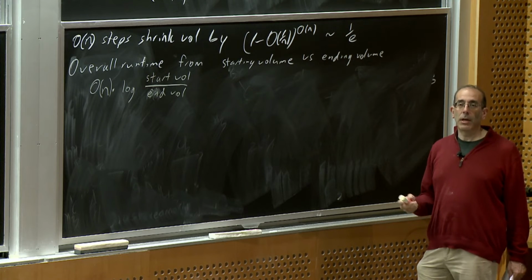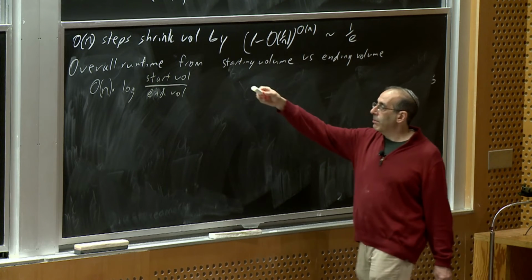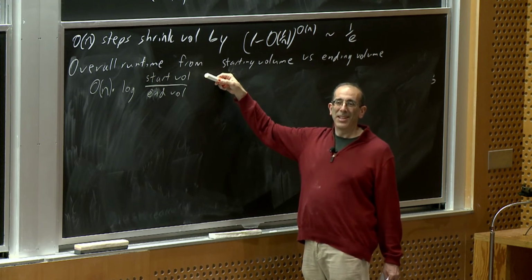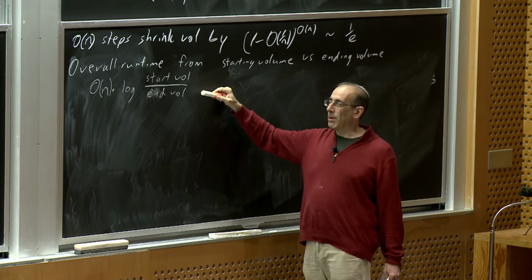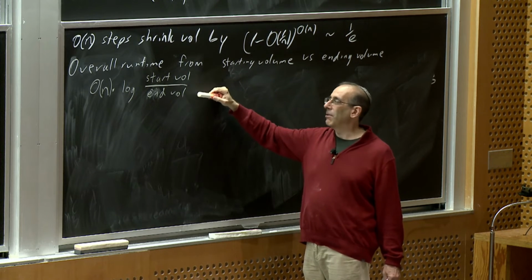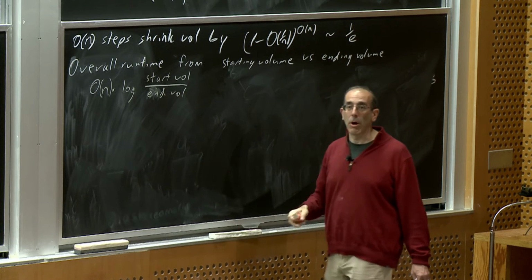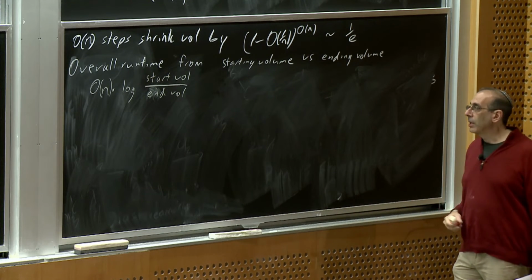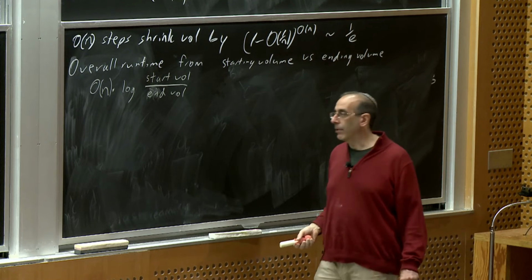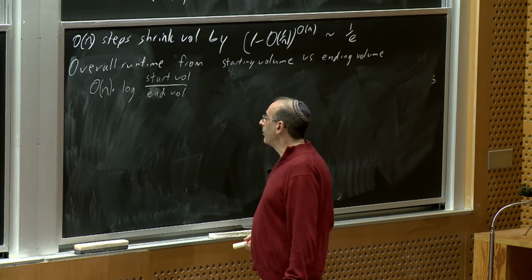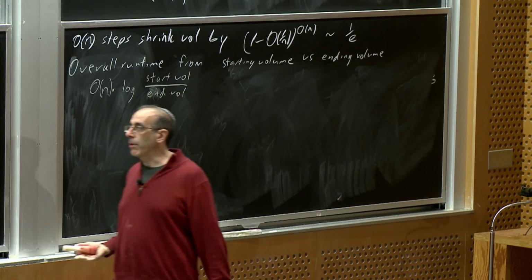So we just need to understand how small. Obviously we want to prove that the starting volume can be small, and we also want to argue that the ending volume won't be too small. So let's do the starting volume first. That's an easier story. What's the invariant we require?